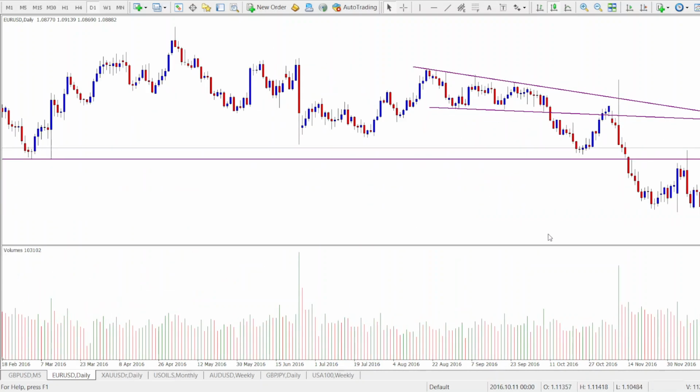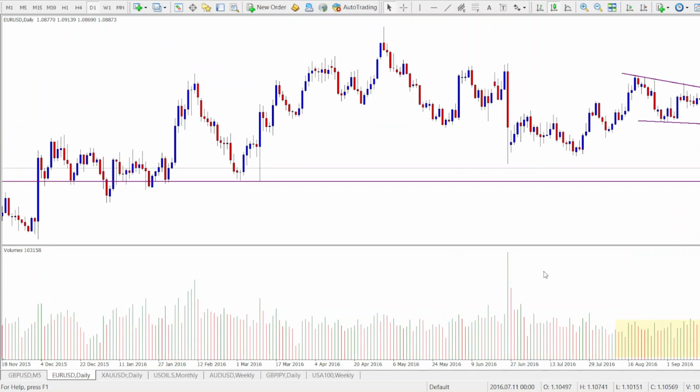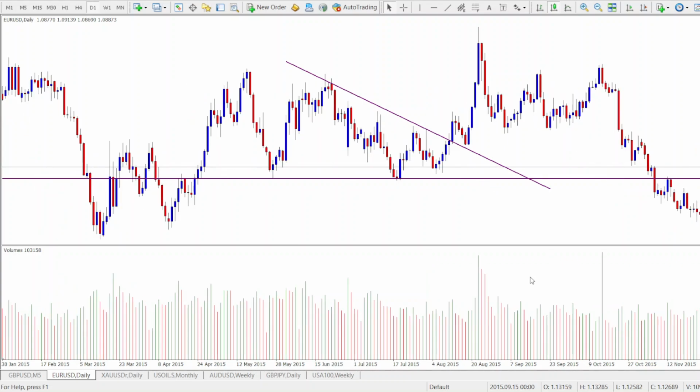You can see that around this point, let me just mark it with a rectangle, when we are having the formation of this pattern, can you see the volumes compared to what we have here? You can see that these ones are quite lower, right? So during the formation of this pattern, you might notice a decrease in trading volume.